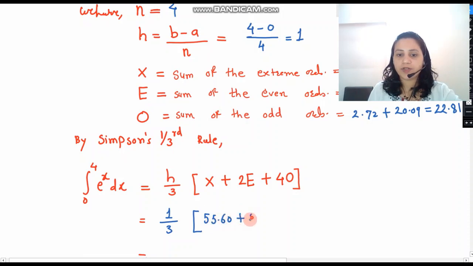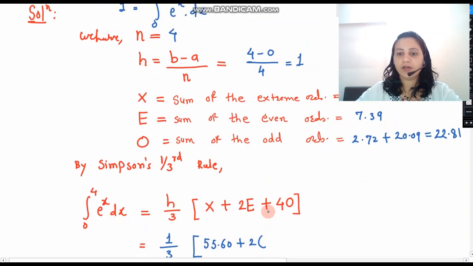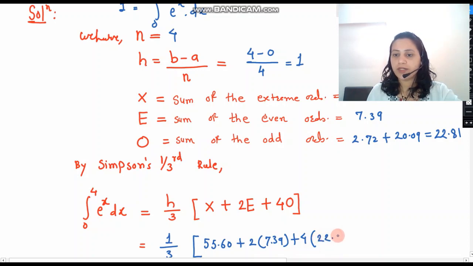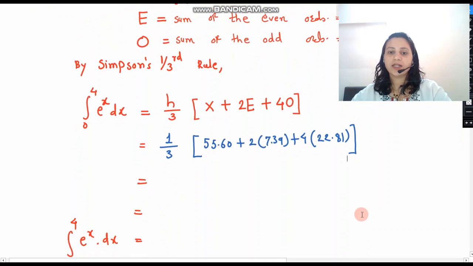55.60 plus 2 into the sum of even ordinates, that is e, that means 7.39, plus 4 into the sum of odd ordinates, that is 22.81, right? Now just calculate all this.